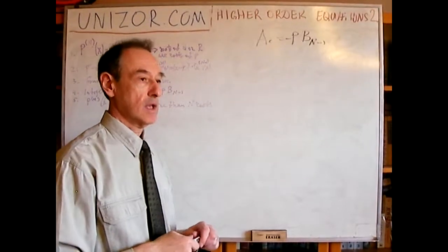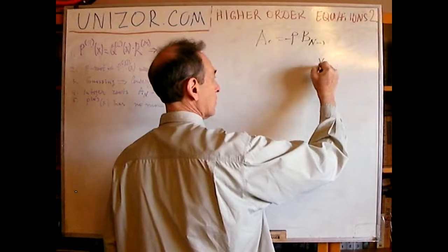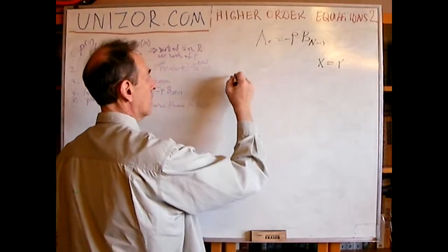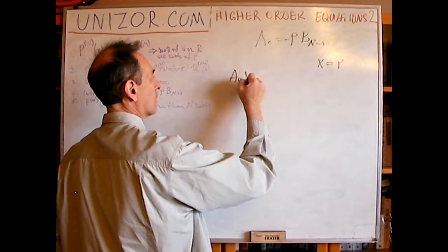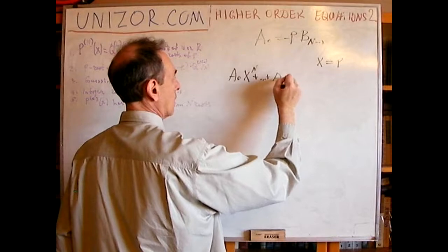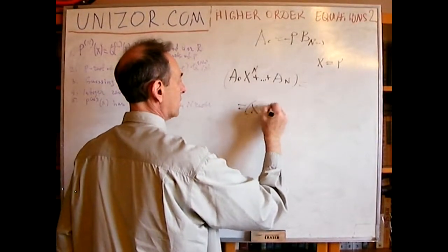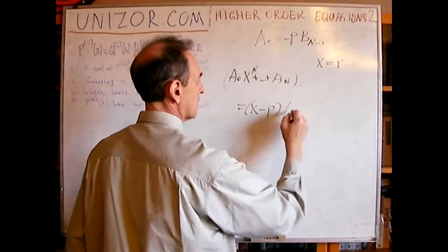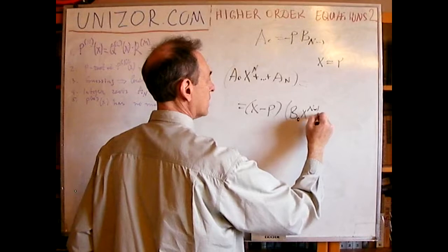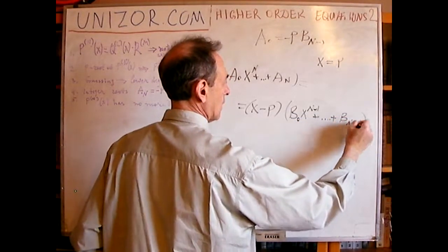So if there is a solution x equals p of the original equation, as you remember, then we can represent it as a product of x minus p times some polynomial of n minus first degree, right?